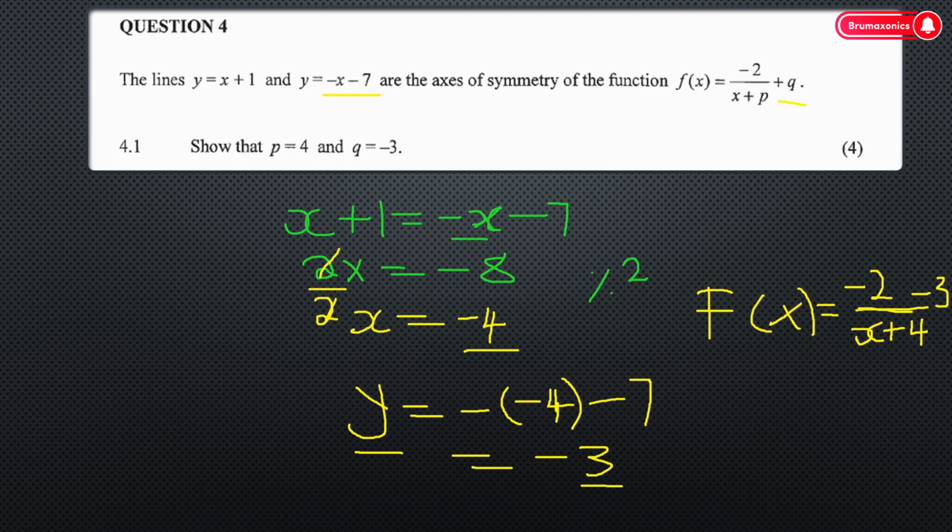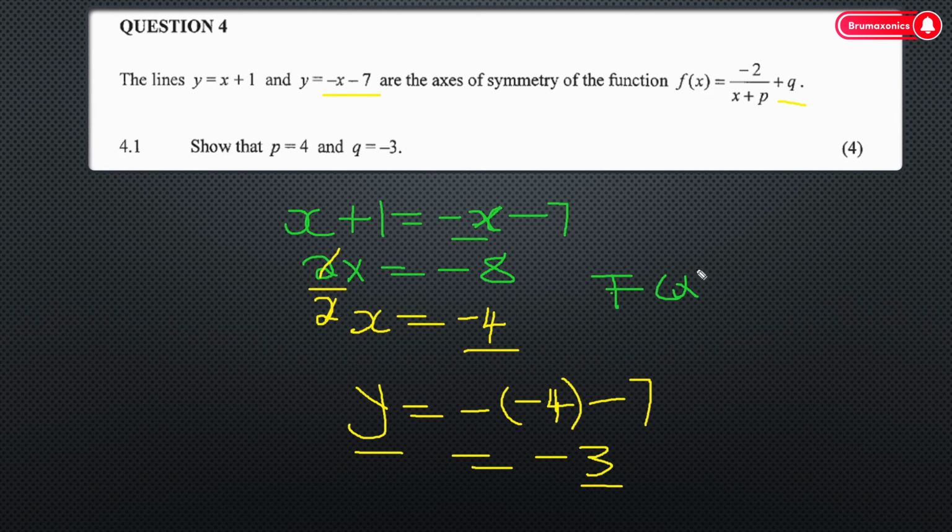Let me rewrite it in a way, because I really prefer a clean area. So as I said, that will definitely be as follows. f of x is equal to negative 2 all over x plus 4, and then minus 3.